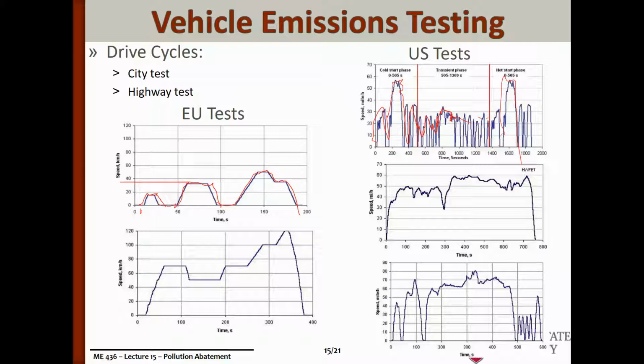So the US tests have for years been stringent. The EU has begun to adopt stricter drive cycle tests, but they're not fully implemented, and most of the time they allow the auto manufacturers to outsource it to private companies that do the testing.